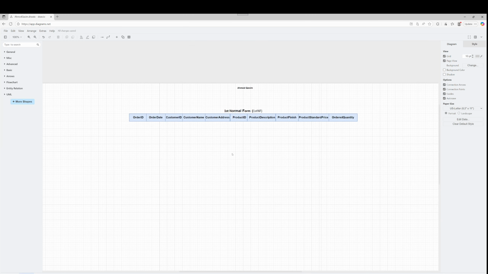And as you can see, I have already mapped this. I just deleted the rows. This one is in the first normal form now.